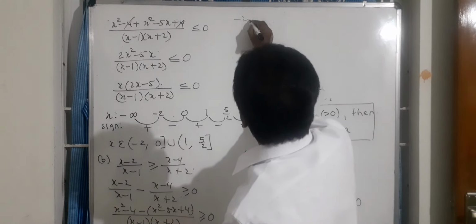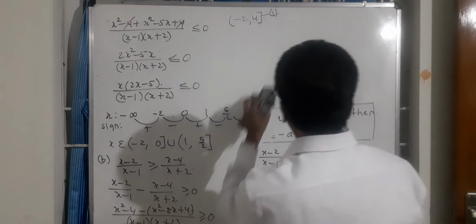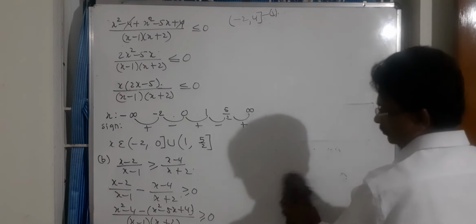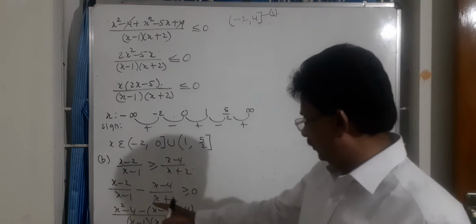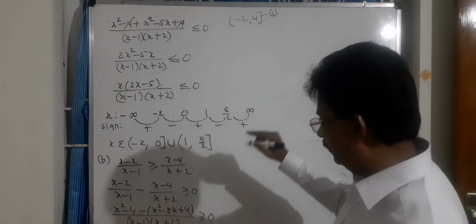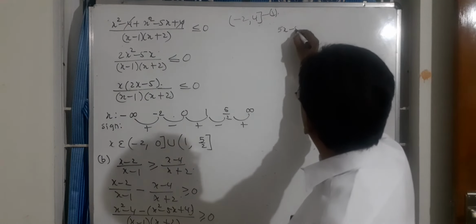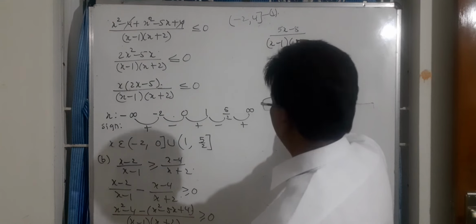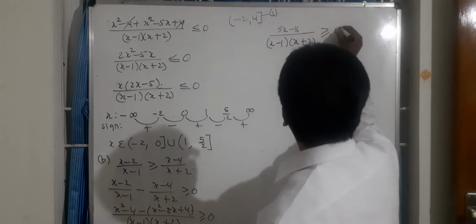Minus 2 to 4, the interval came for case 1. X square cancelled. Now minus 4 plus 5x, again minus 4, 5x minus 8 will come. 5x minus 8 divided by denominator (x minus 1)(x plus 2) is greater than or equal to 0.